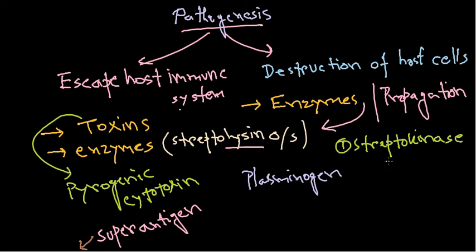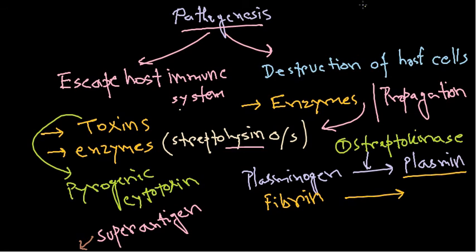Streptokinase will activate plasminogen into plasmin. Now this plasmin can break down or degrade a protein network like fibrin, for example. So this plasmin can eventually degrade the fibrin clot into smaller fragments.